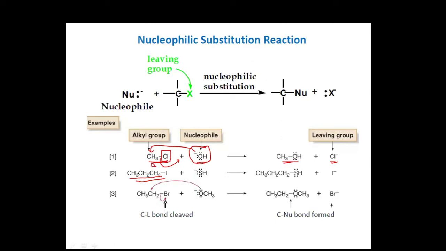The nucleophile you are using is the thiol group, SH minus. So instead of the nucleophile OH minus, here you are using SH minus as the nucleophile, and the substrate is propyl iodide.